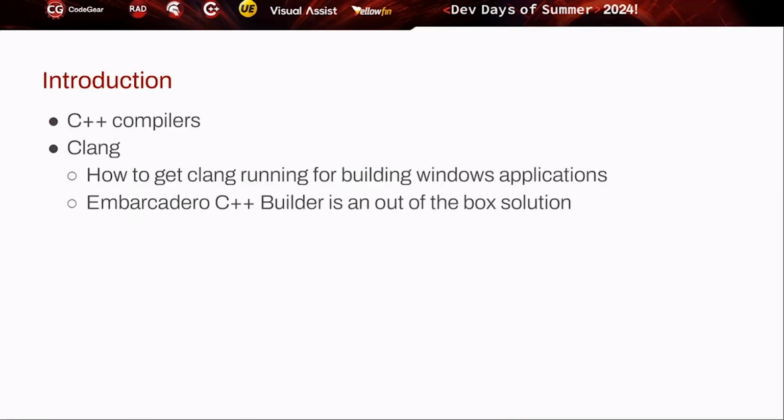When C++ was first developed by Bjarne Stroustrup, very quickly many versions of C++ compilers followed. Lots of companies got on the bandwagon and tried to write their own, or succeeded in writing their own indeed. And Borland was one of them. As the language has evolved, and it continues to evolve, it's become more and more complex.